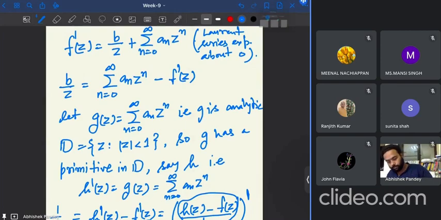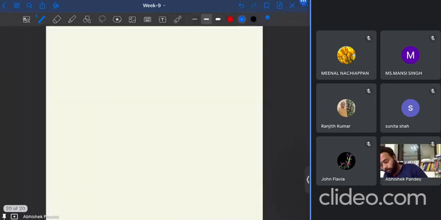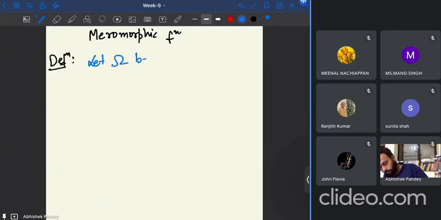If there is no doubt, I will move ahead. Next we are going to talk about meromorphic functions. So the definition is, let omega be a domain.